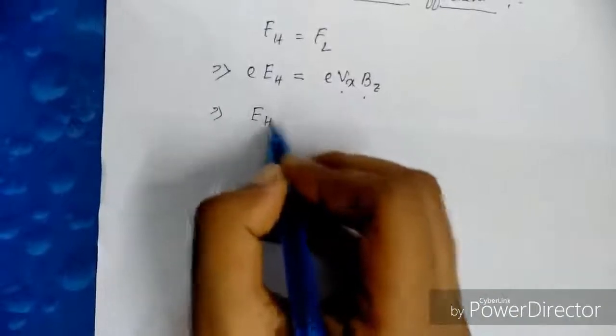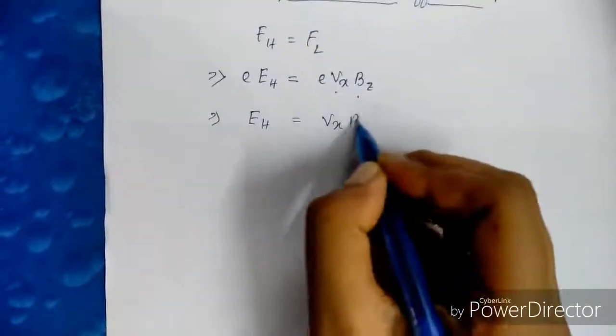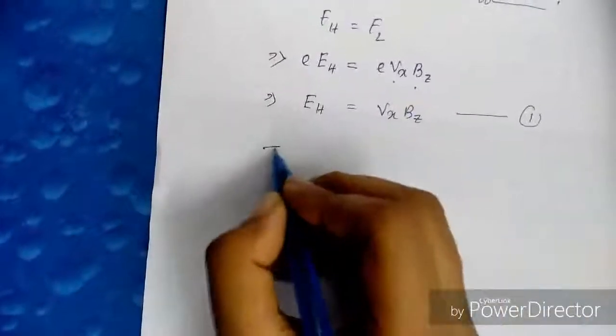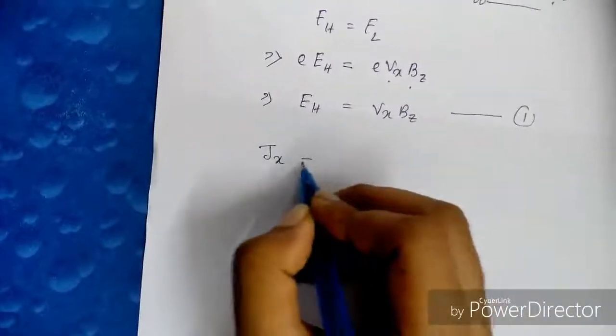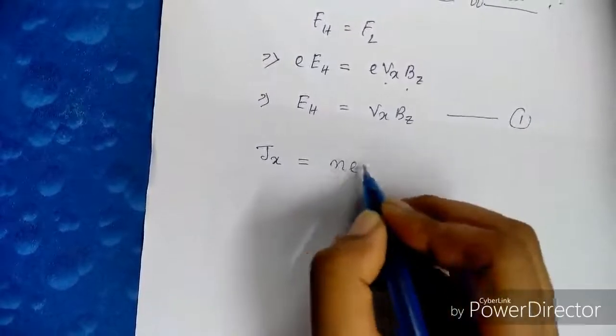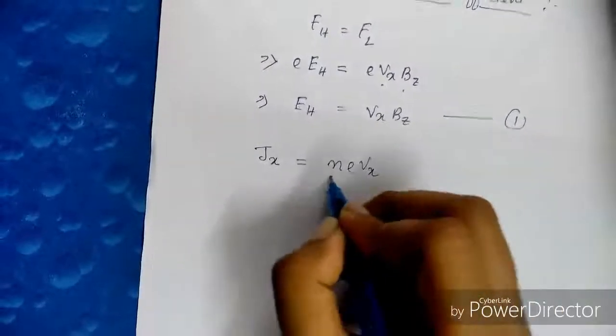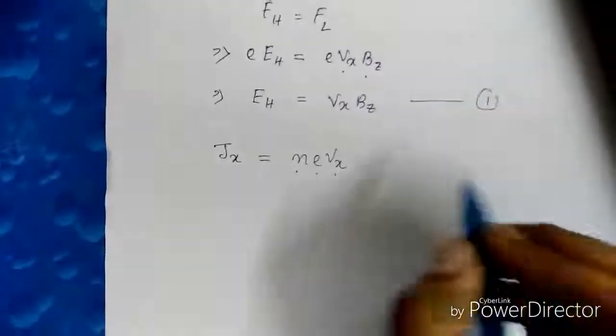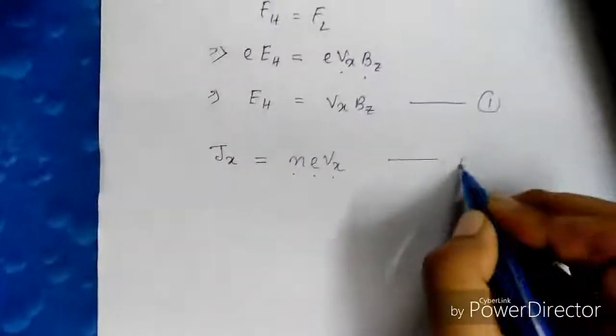This gives EH equal to Vx Bz. Let us call this equation 1. Now we know current density is equal to N e Vx. N is the number of charge, e is the charge, and Vx is the drift velocity of the charge.